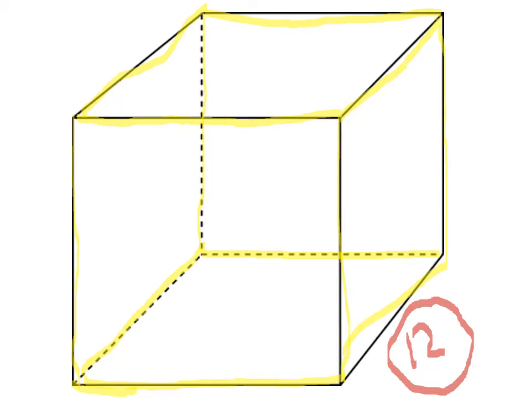Okay, and now we're going to do the faces. Let's take a look. So we've got one at the top, and then at the right side, one at the front, and one at the left side.